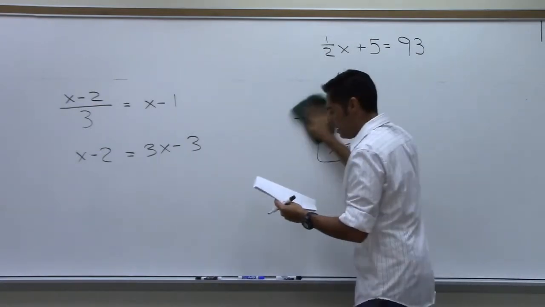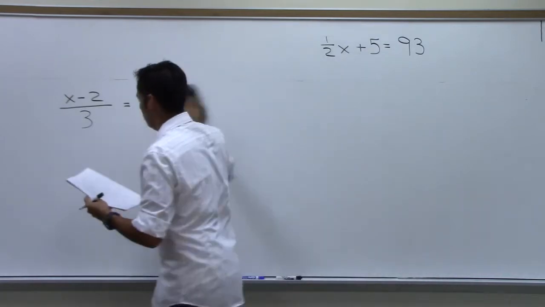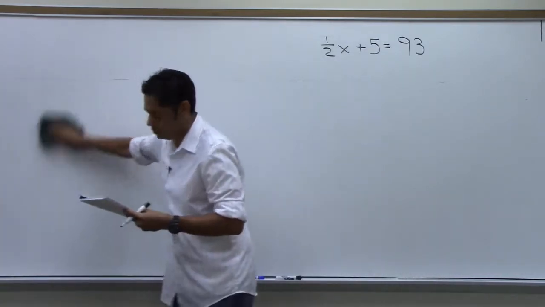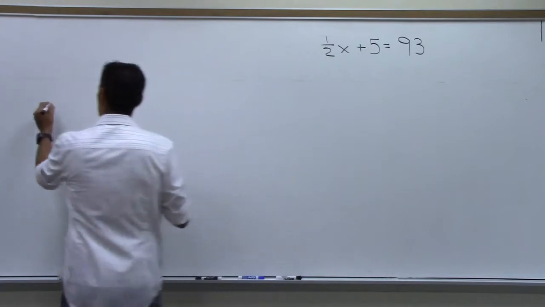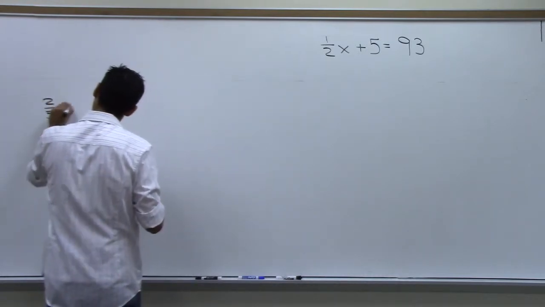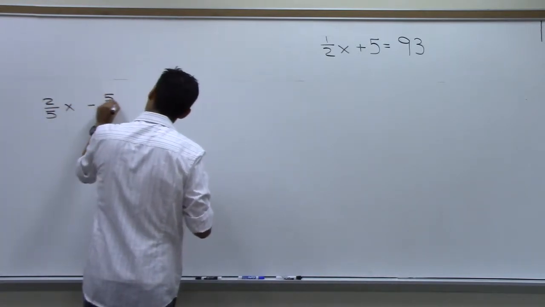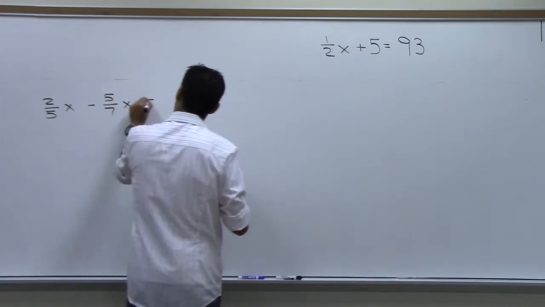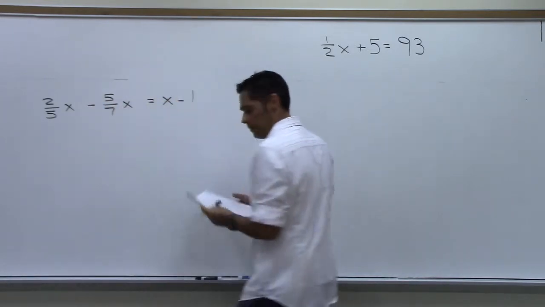Okay, let's try something a little different. Two fifths x minus 5/7 x equals x minus 1.